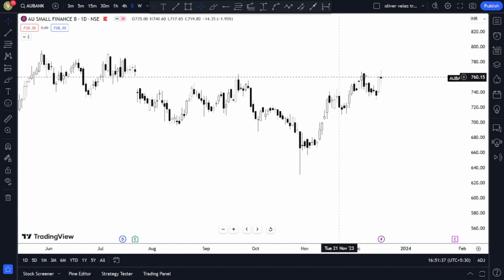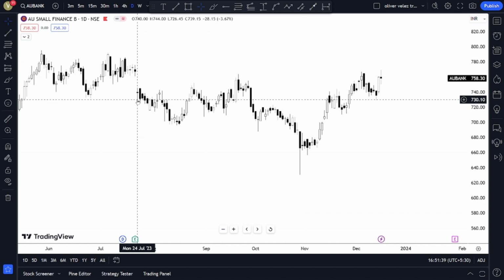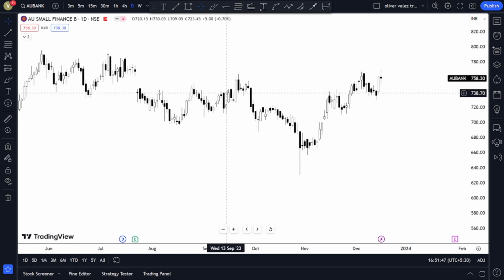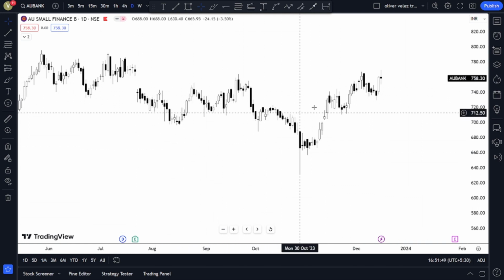In this date range, we cannot see any major moves.